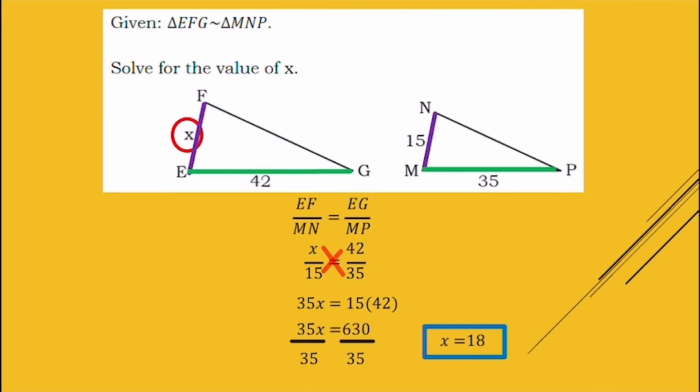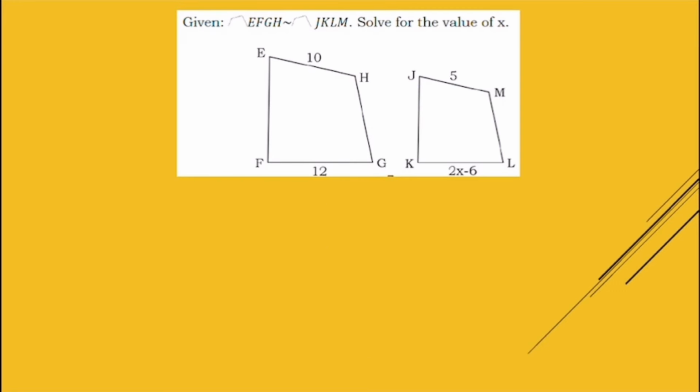Now, let's proceed to our third example. Given the parallelogram EFGH is similar to parallelogram JKLM, solve for the value of x. So again, let's set up a proportion involving the ratios of the corresponding sides to solve for the length of the indicated side.